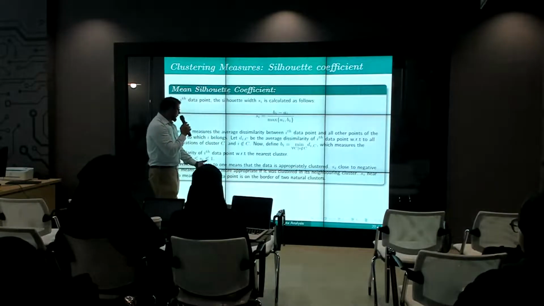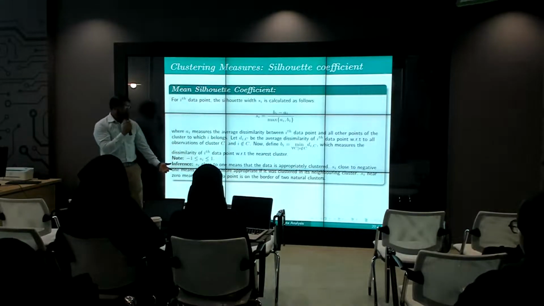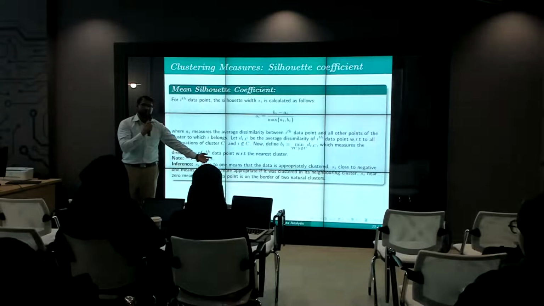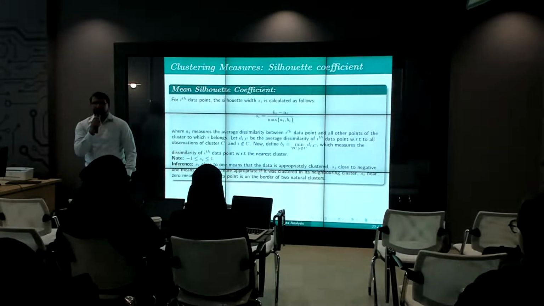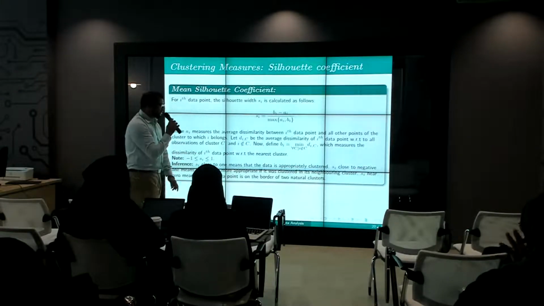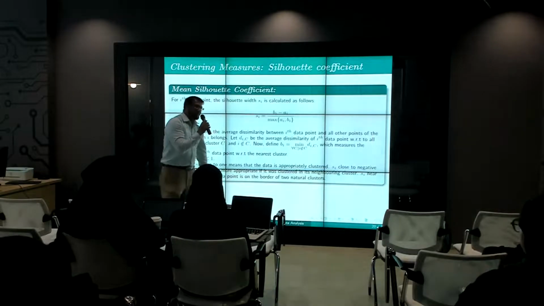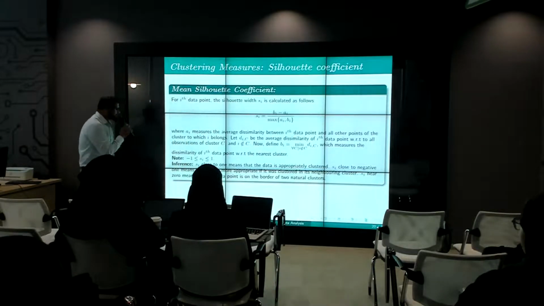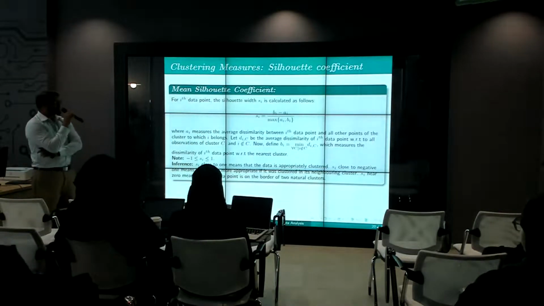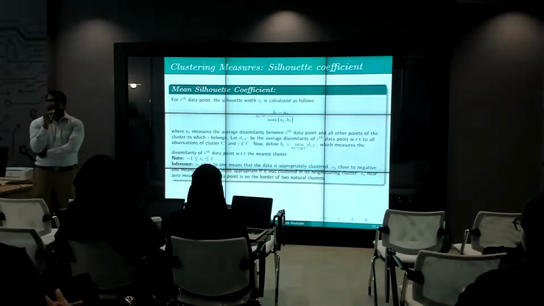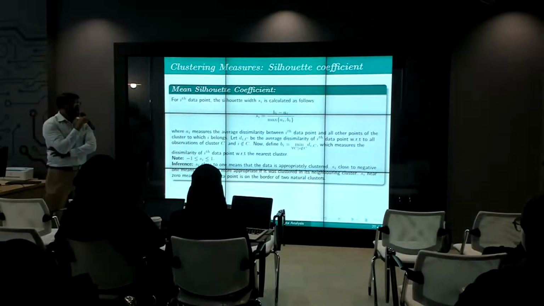So now you know what the value means. If the value is very close to 1, the point is well clustered. If the value is very close to -1, then it is not very well clustered. So we are going to use this measure to come up with possible values for K, and then we are going to solve some examples.